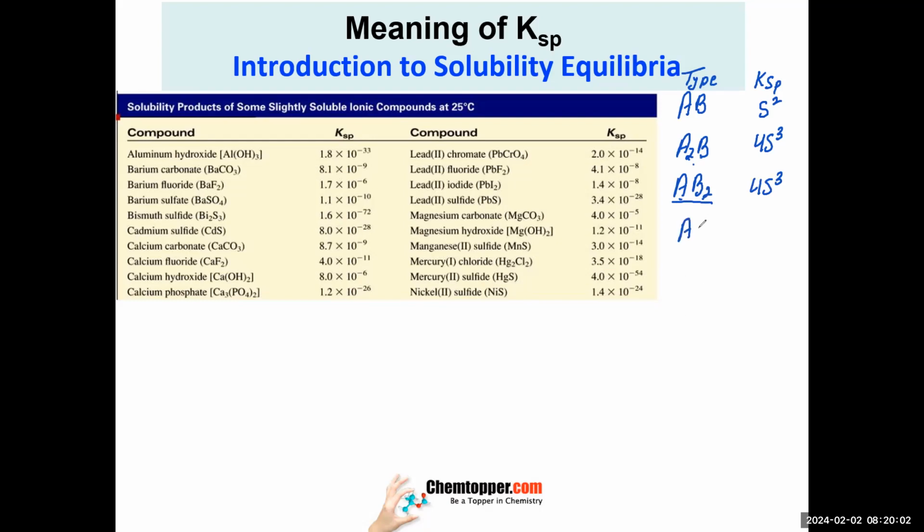If I give you AB3, what's the Ksp in terms of molar solubility? If I give you A3B, what is it in terms of molar solubility? Same. Afan, are you trying to answer? If I give you A2B3, what is it in terms of molar solubility?